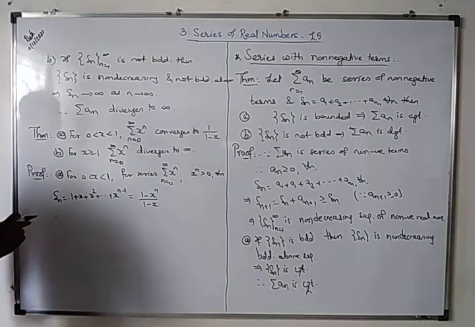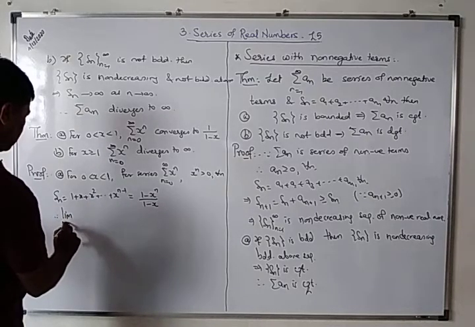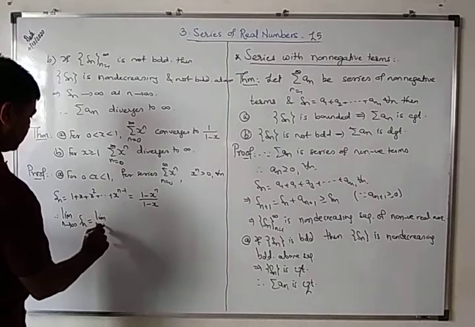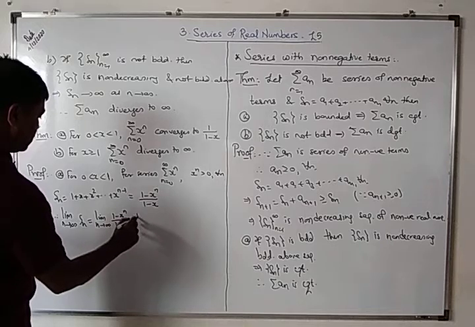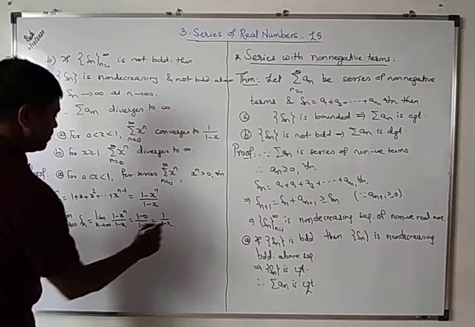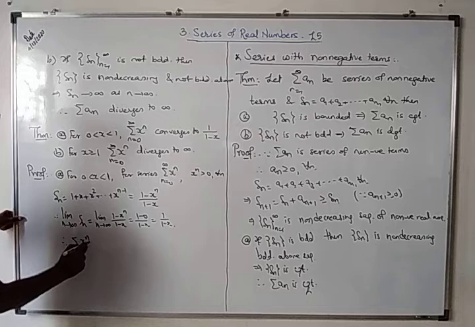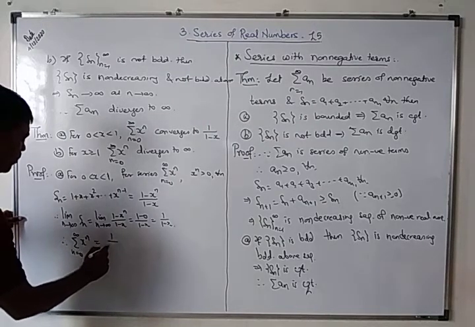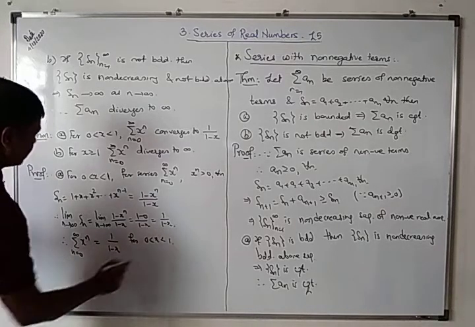So this is a series of positive numbers, S_n is equal to this. Therefore, the limit as n tends to infinity of S_n is 1 upon 1 minus x, and therefore the summation of x raised to n, n equal to 0 to infinity, equals 1 upon 1 minus x for 0 less than x less than 1.